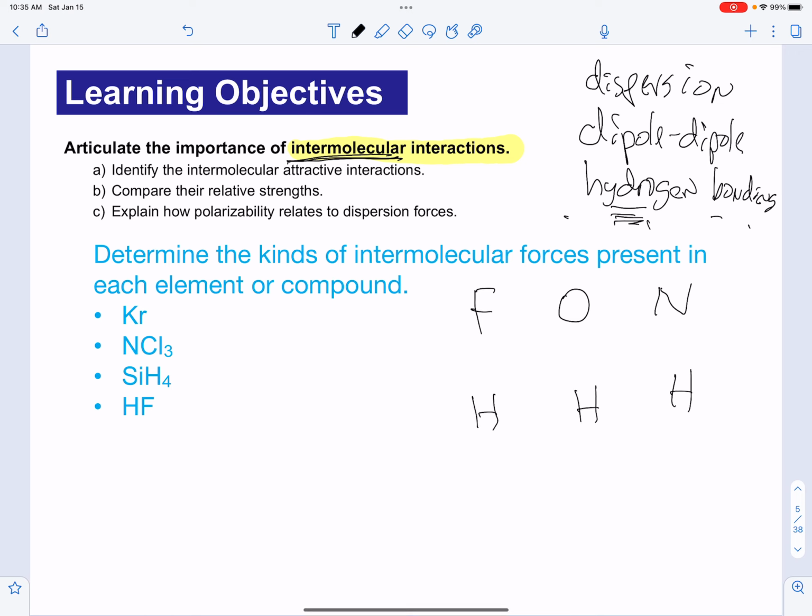So to have hydrogen bonding, you're going to have F, O, or N on the molecule. And why is that?